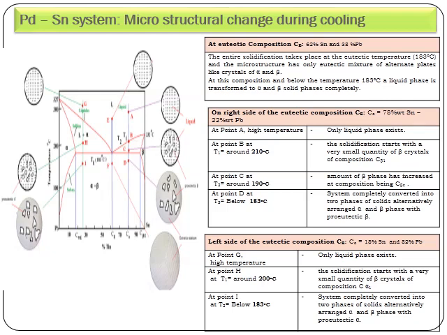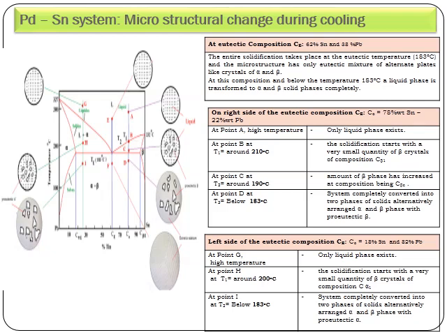So once you have only the eutectic composition, you can see there is a layered structure called eutectic mixture. When the composition of tin is higher than the eutectic mixture value, there is a pre-formation of tin.